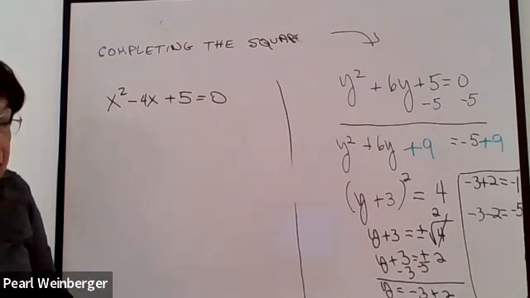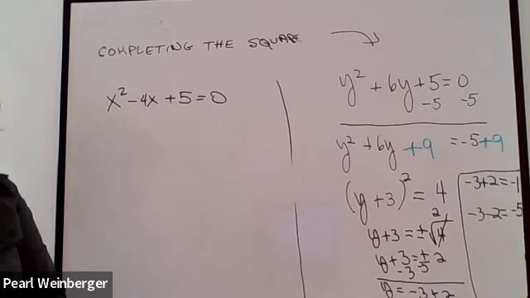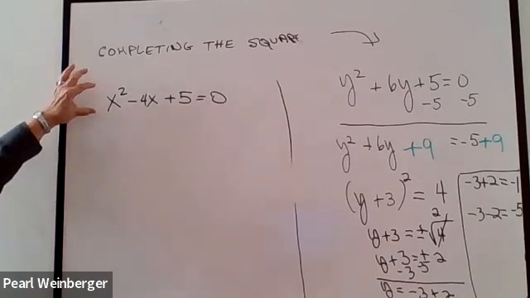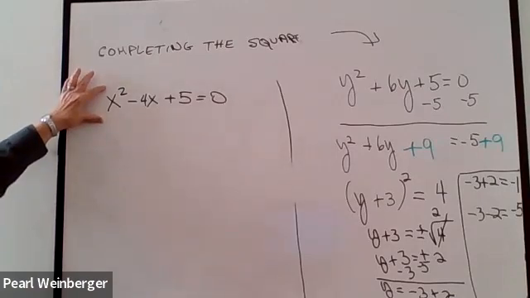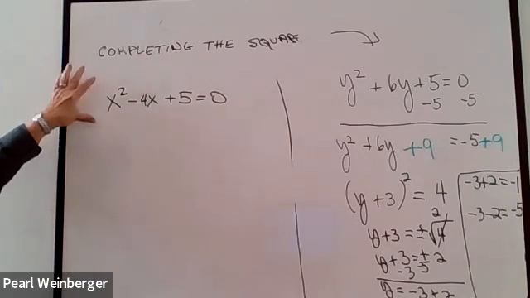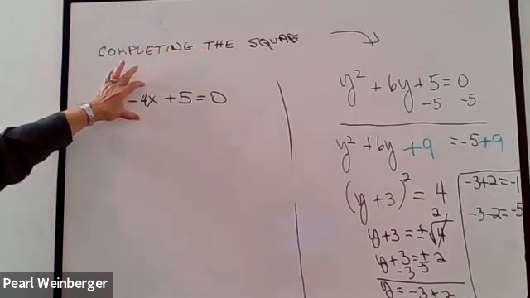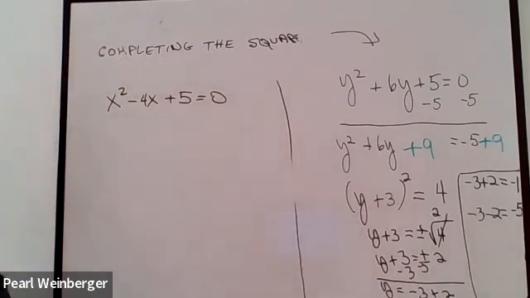If I don't have both of those situations, I don't want to use this method because there's going to be another method we can learn also. Okay, so we're specifically applying this completing the square method when my original x squared is just an x squared. There's nothing in front of it, or a y squared, or whatever the letter is. And the number in front of the x is even.